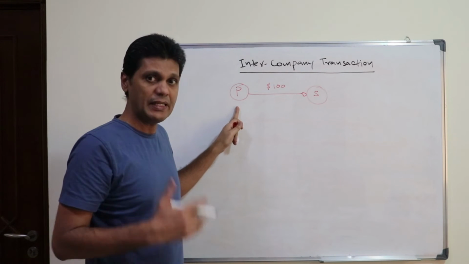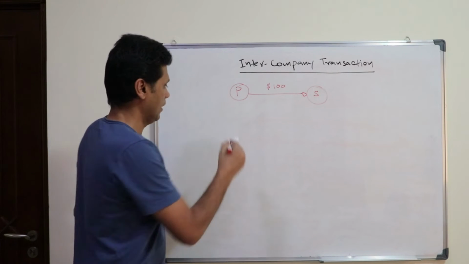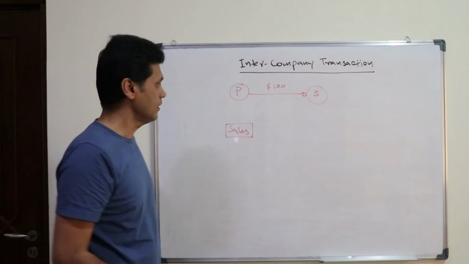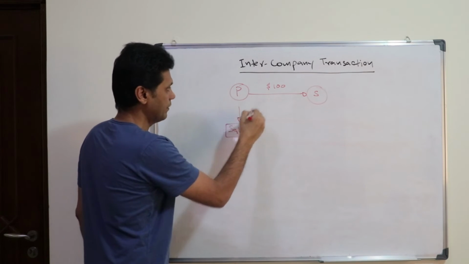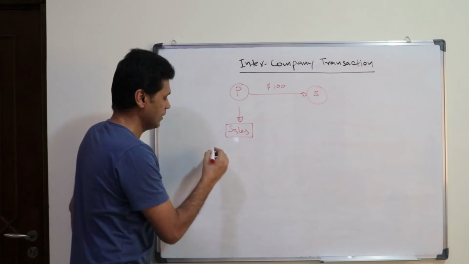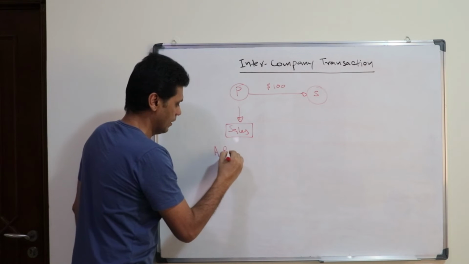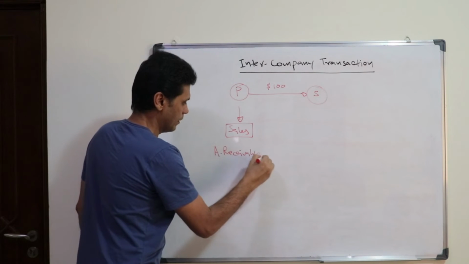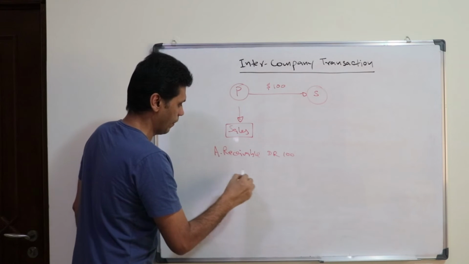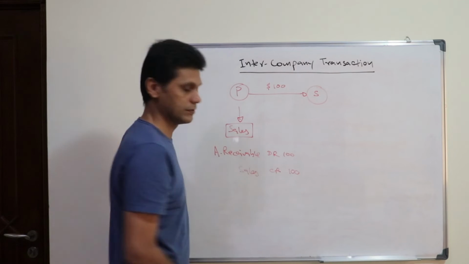As far as P is concerned, P will record this particular transaction in their books of account as a sale. As a result, the P company will record accounts receivable debit $100 and sales account credit $100.